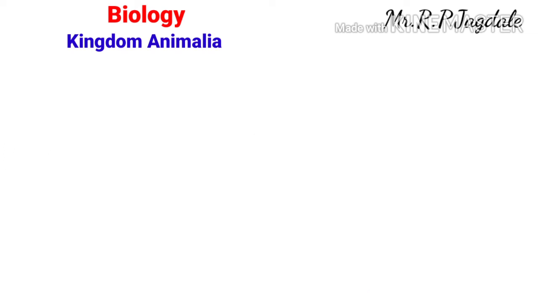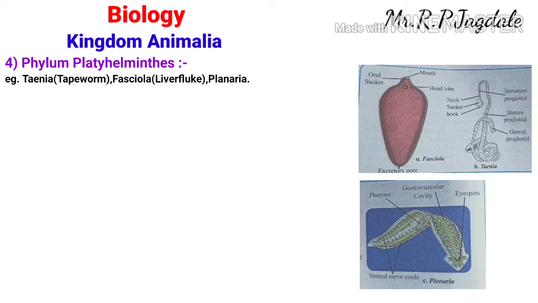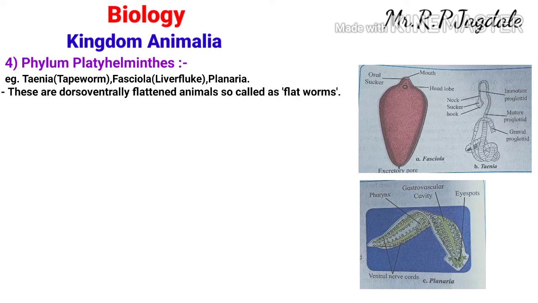Then the next phylum, the fourth phylum, is Phylum Platyhelminthes. Platy means flat and helminthes means worm. These are dorso-ventrally flattened animals, so they are called flatworms.